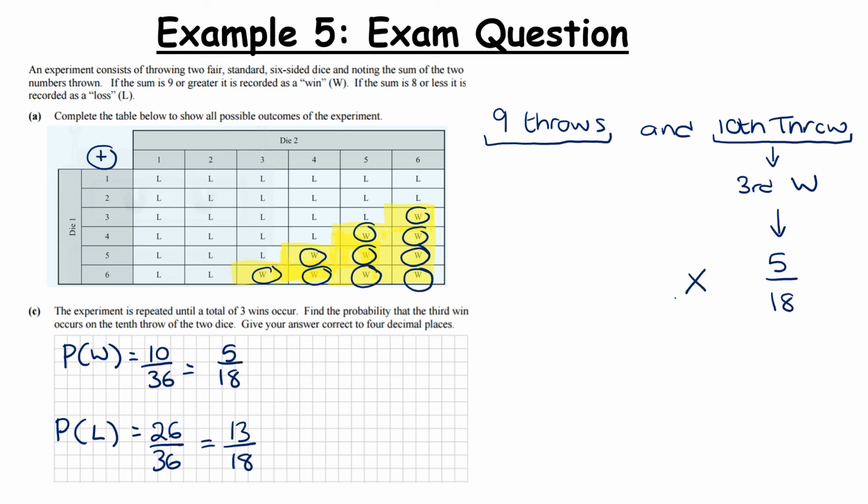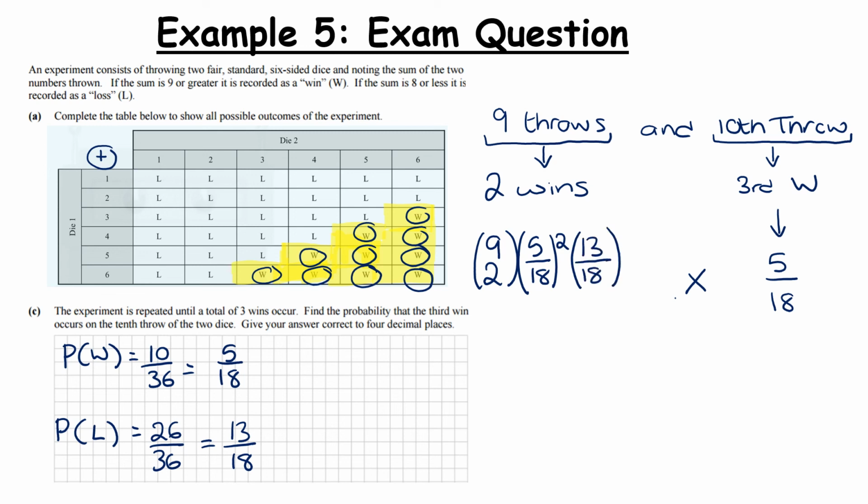Now the 9 throws, what we know happens is we get 2 wins. Now we don't know when those wins happen, so this is going to be the Bernoulli or the binomial distribution piece. So we have 9 choose 2. The probability of winning, which is 5 over 18 to the power of 2, and then the probability of losing, which is 13 over 18 to the power of 7.